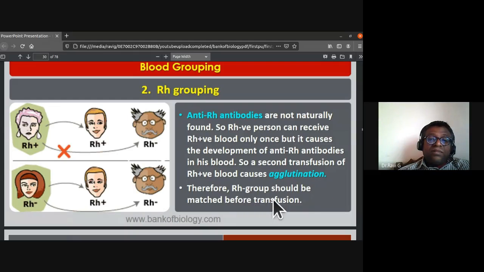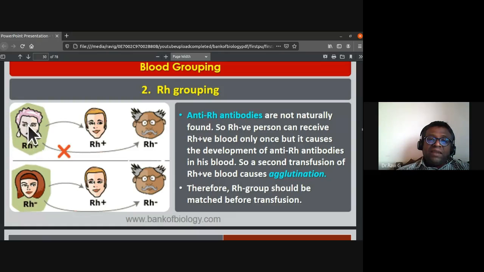Therefore, Rh group should be matched before transfusion. So just understand that the anti-Rh antibodies are not found naturally. Rh positive would have only Rh antigen, they don't have antibody. Similarly, Rh negative wouldn't have any antibodies.